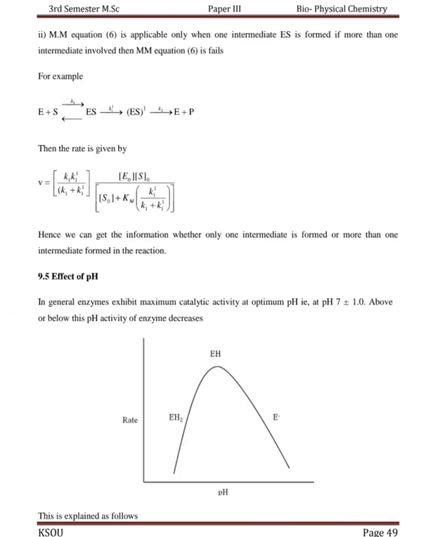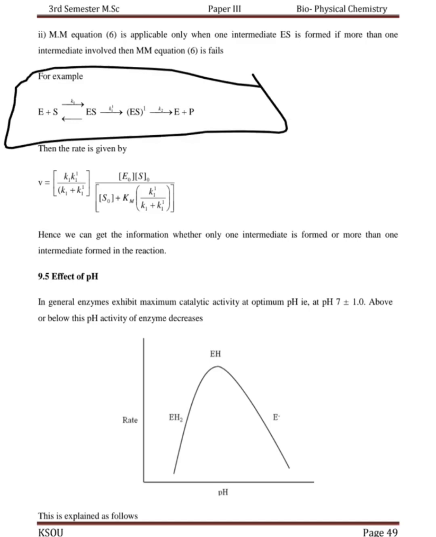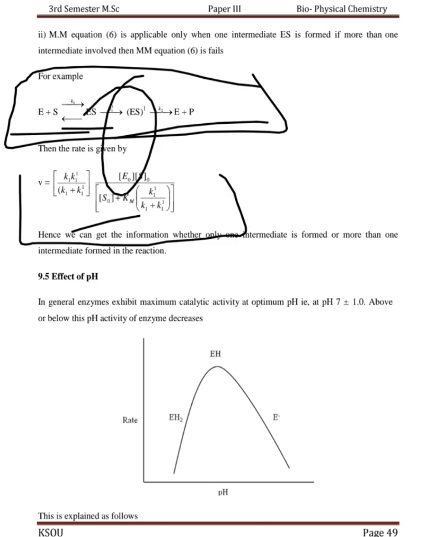If you go through this, for example, they have taken enzyme plus substrate giving the enzyme substrate intermediate, further forming enzyme plus product. For this, the rate is given by the same equation. The intermediate of enzyme substrate has been noted here.